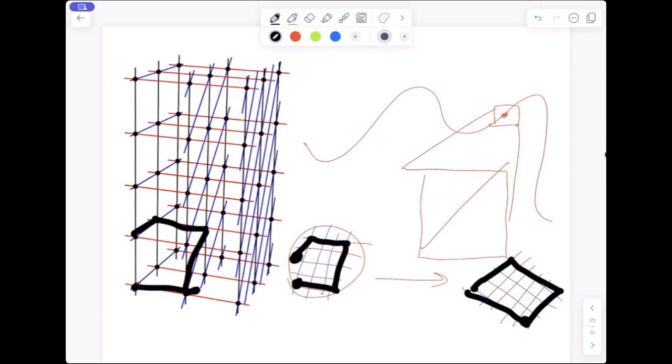But the red directions are all almost parallel, the blue directions are all almost parallel, and so that path ends essentially where it started. And so that means that those 2 points, here and here, map to nearly the same point in Rn. And this is essentially why there's this failure to embed.